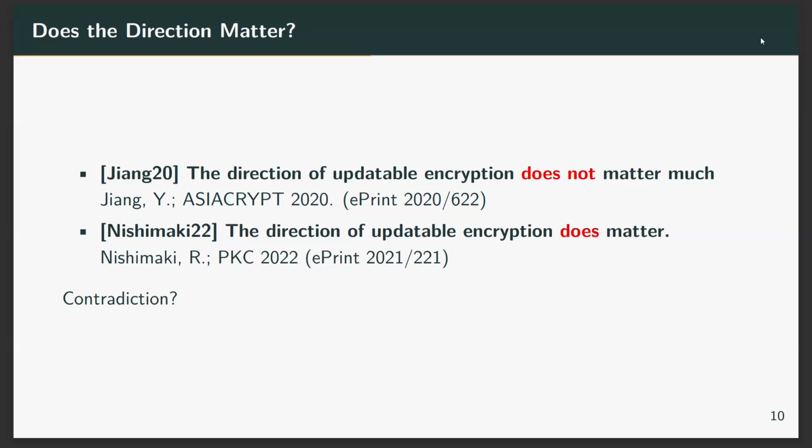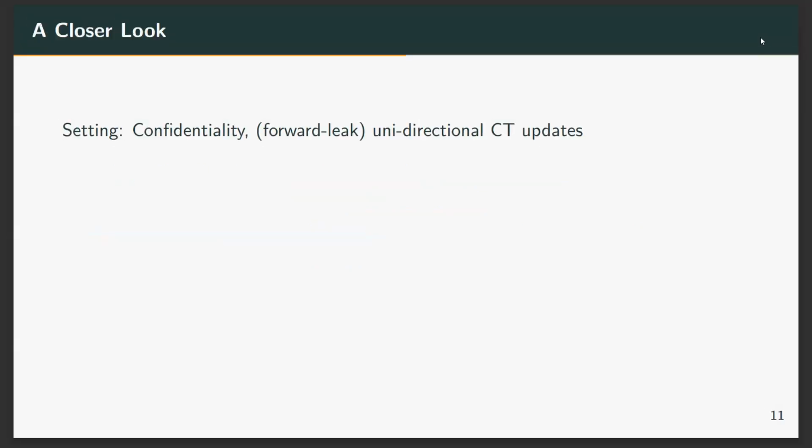And maybe you will even think one of them is wrong, there's a contradiction. So I think usually in this place, people should go into details, because the details will answer this question. So let's take a closer look at these two results. Here in the setting, I consider only confidentiality and only the forward direction ciphertext update.